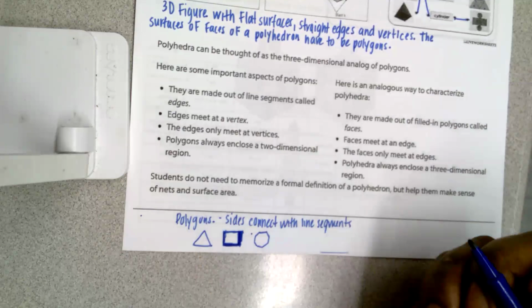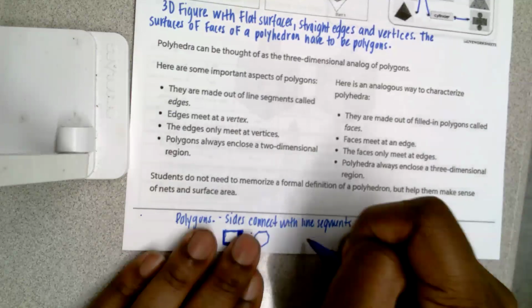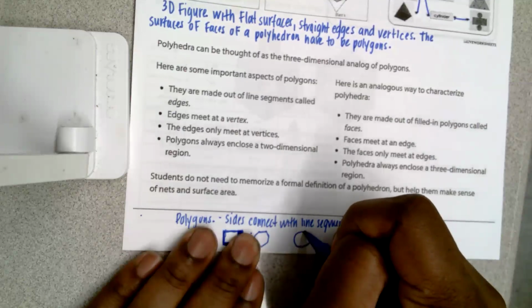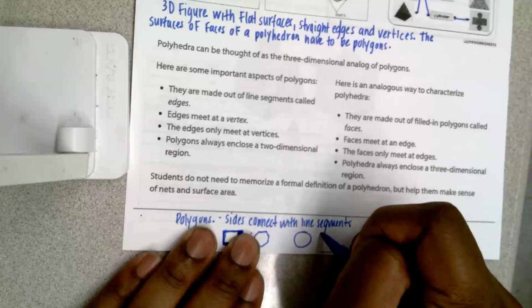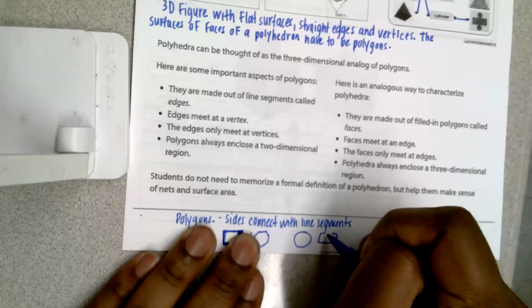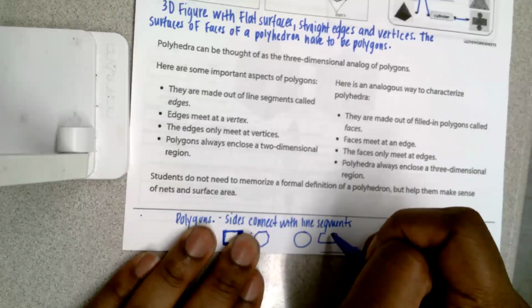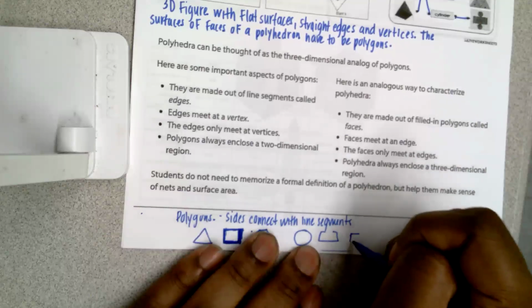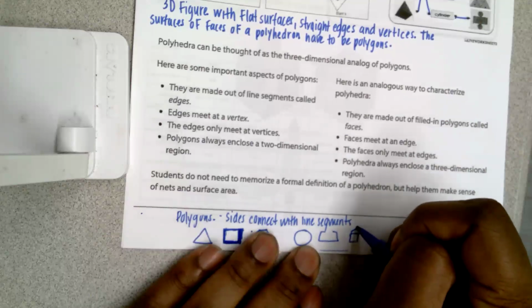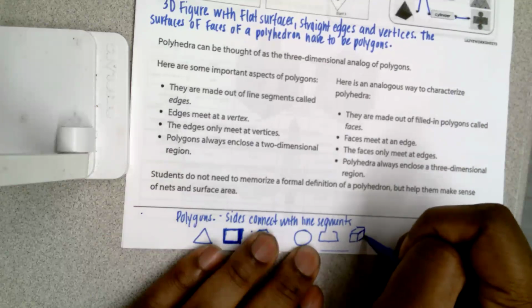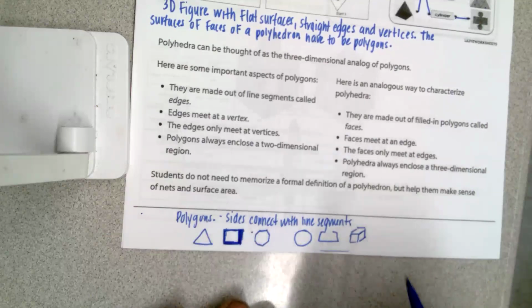Okay? Non-polygons would be circles or line segments that don't connect. Do you see this space? It doesn't connect. Or 3D figures, right? 3D figures cannot be polygons because they're 3D.